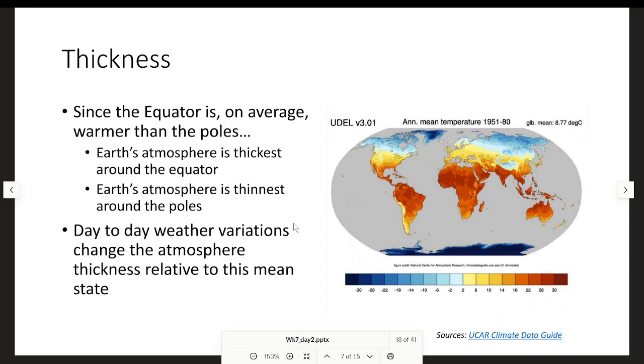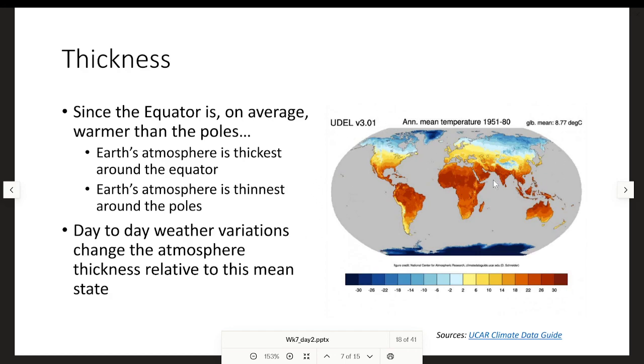More thickness maps. There is a distinct difference in the heights on the Earth. At the poles, the atmosphere is smaller, whereas at the equator the atmosphere extends further into space because there's more thickness, because the temperature is warmer.